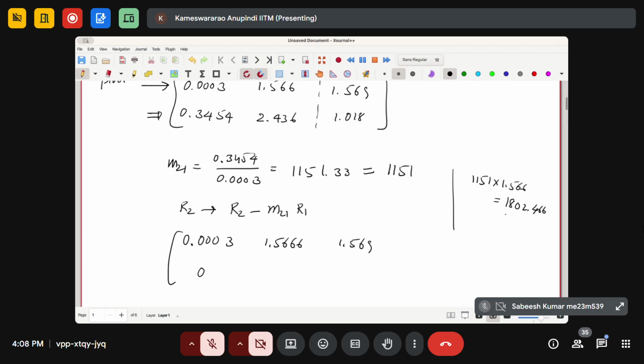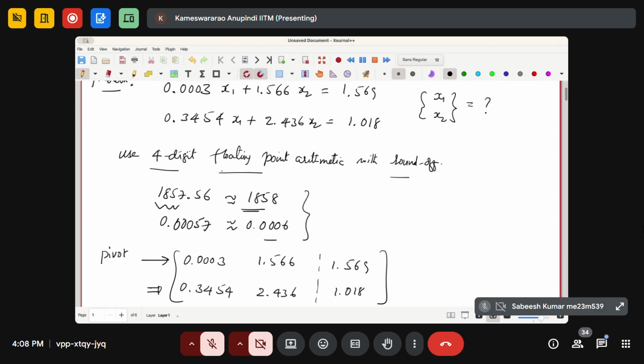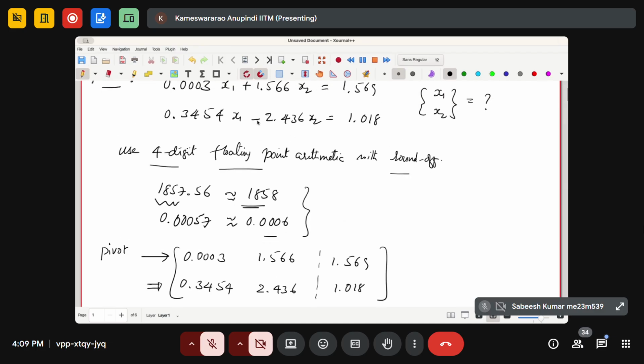That is going to be 1802.466, right? But because it's 4-digit floating point arithmetic, this is going to become 1802.5. This is going to be 1803. Okay, this is going to be 1803, right? As what I have, and then I have 2.436 minus this. Sorry, this is minus 2.436. What I basically noted is incorrect. This is a minus here, in the given problem itself.